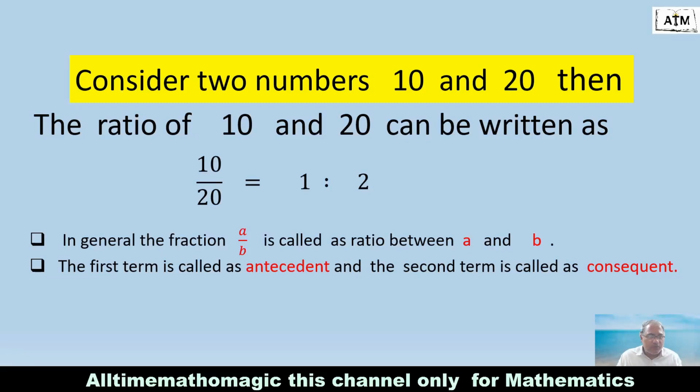Thus, if you have two numbers 10 and 20, then the ratio can be written as 10 upon 20 equals 1:2. And the fraction A upon B is the ratio between A and B. A is called the antecedent and B is called the consequent.